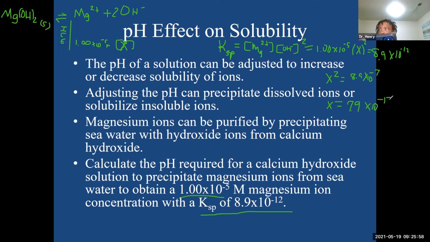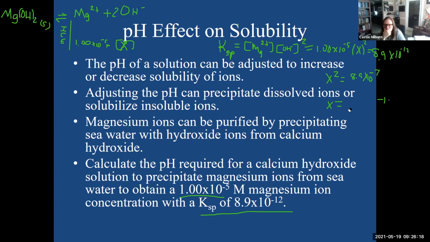That should be the square root of that, so it should be a smaller value. Oh, that's 7.9. I squared it. Hold on. Yeah, I do that sometimes too. So I got 9.4 times 10 to the negative 4th.